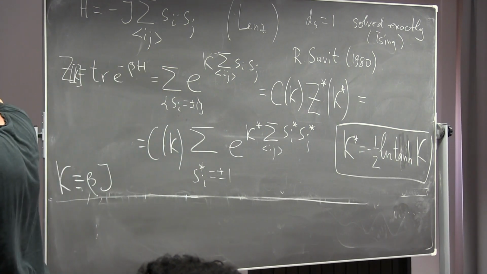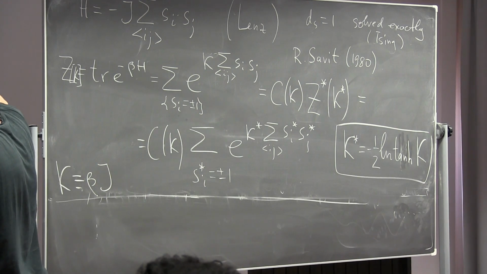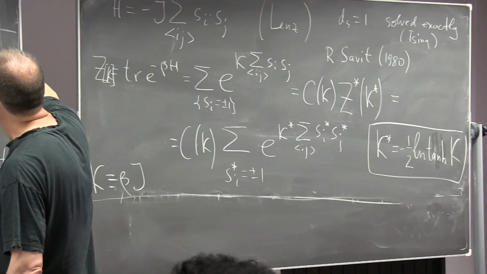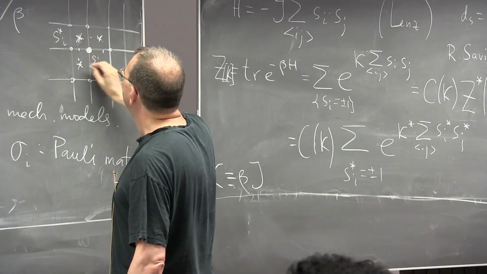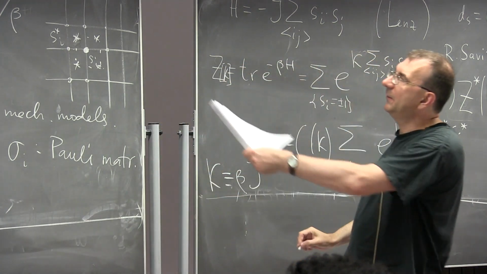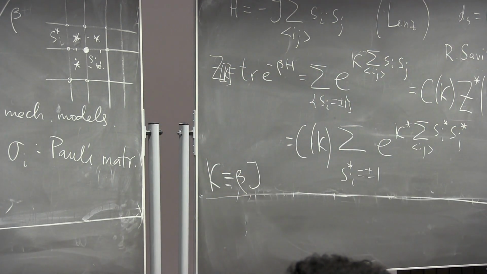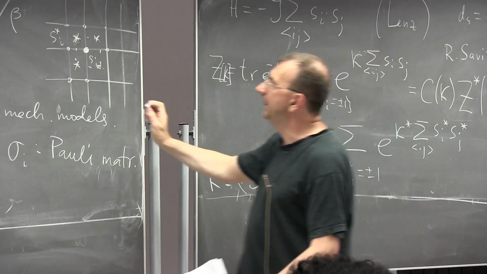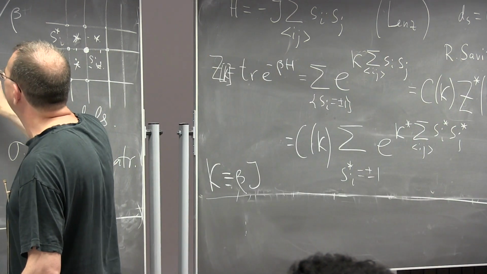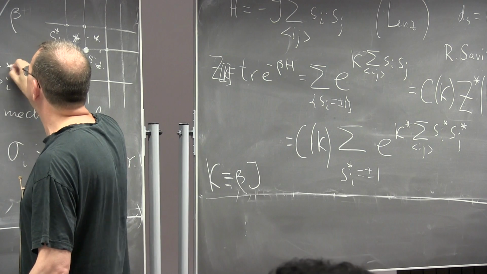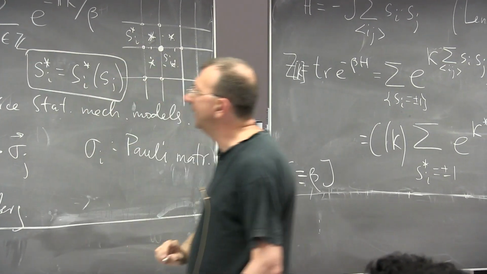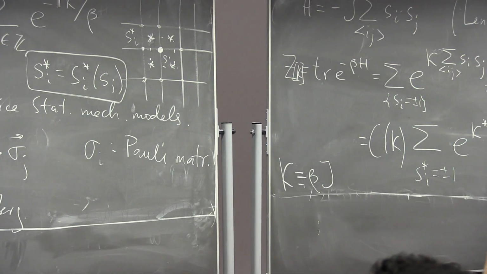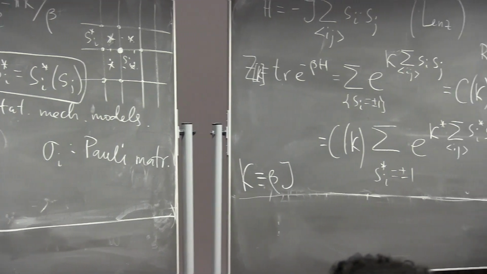These s stars were the Ising variables plus minus 1, which lived in the centers of this dual lattice. So there is a one-to-one relationship: s star of i could be expressed explicitly as functions of s. So this is really a change of variables. Again, I'm not doing this explicitly due to lack of time, but it is possible to do.